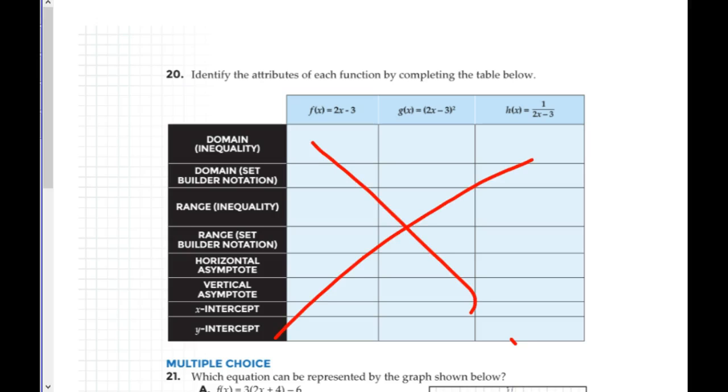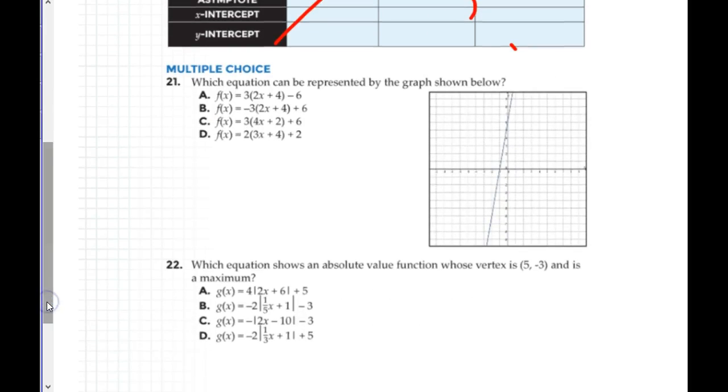Skip this part. Multiple choice, yeah. Now you can graph these in your calculator so you can see them. Alright, so let's graph these.